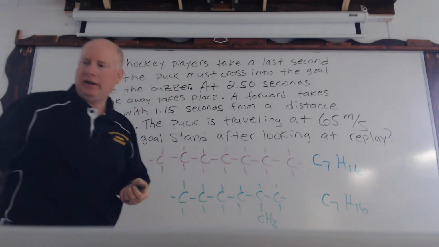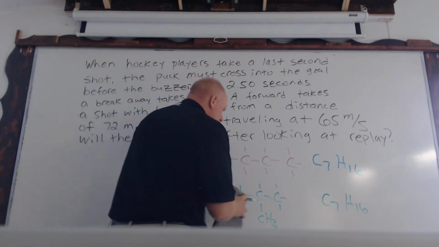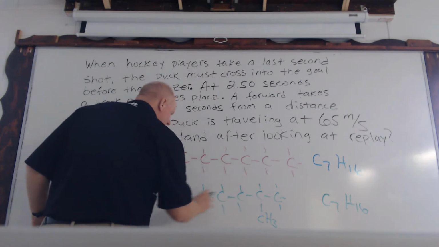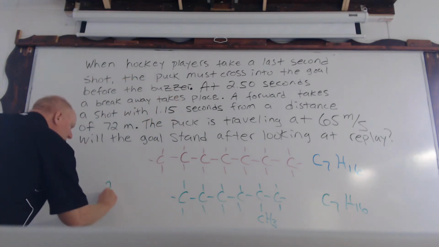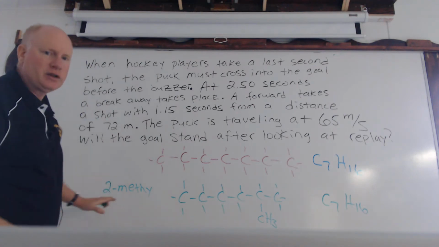A different thing that you can do is take this methyl group off of here, because as you would guess, now we've got hexane. This would be 2-methyl hexane, and so on and so forth.